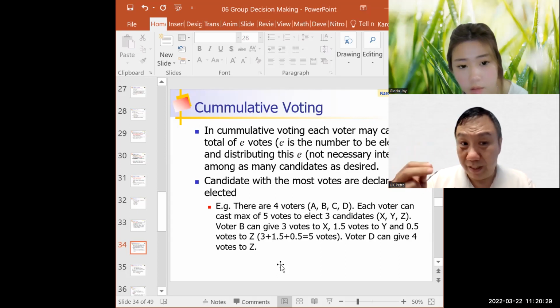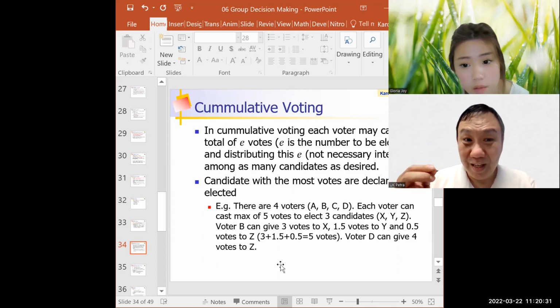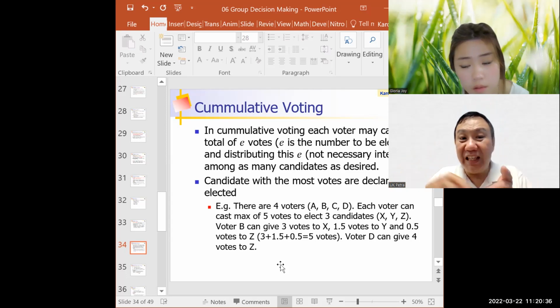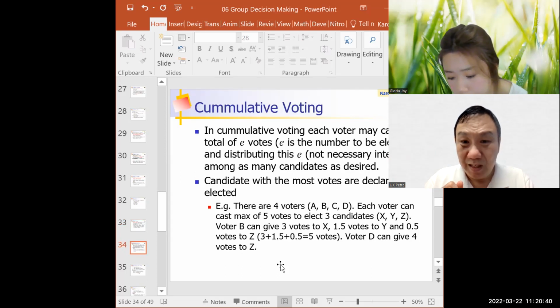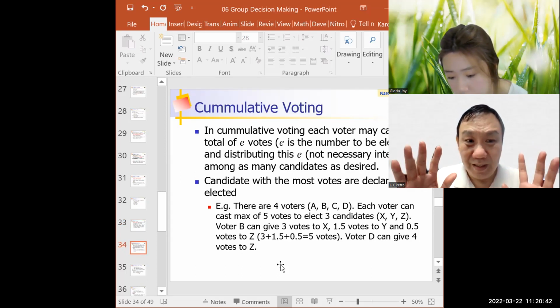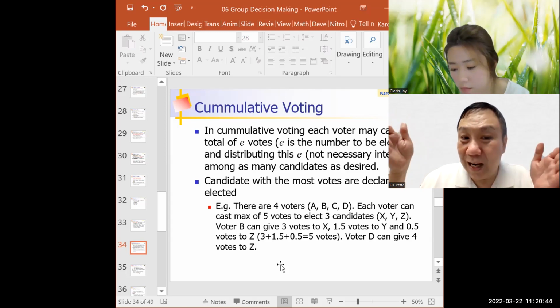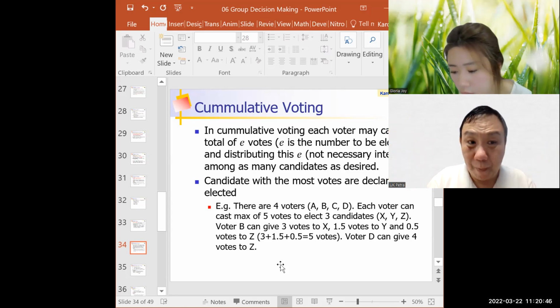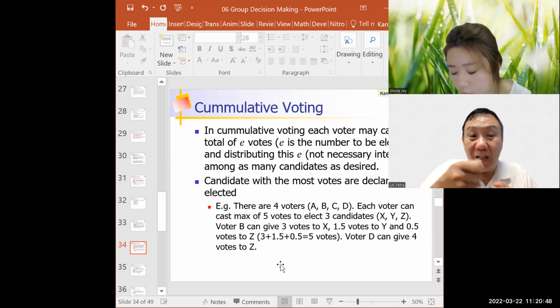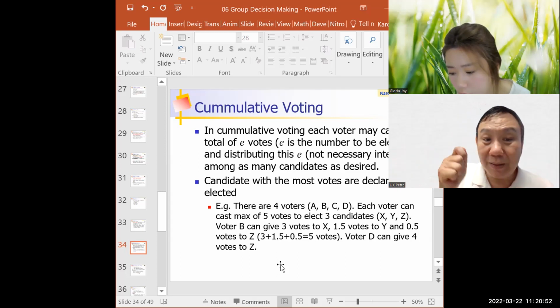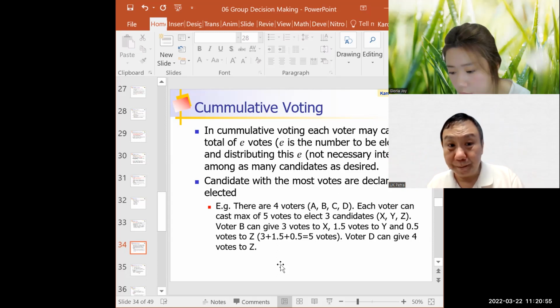In cumulative voting, each voter will cast a total of E votes, where E is the same as the total number of candidates. And then you distribute these E votes, not necessarily in integers, among as many candidates as desired.